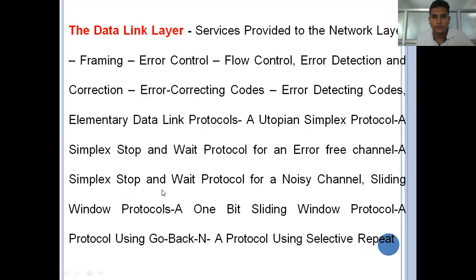In the last video we covered the one bit sliding window protocol. Now only two topics remain: go back N protocol and selective repeat protocol. In this video, we cover these two.